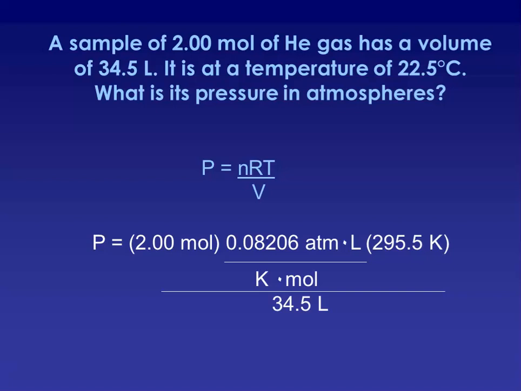Our temperatures, no matter which gas law we're working with, have to be in Kelvin. So after we add 273 to 22.5, you get 295.5, and that again works out with your constant R. And your volume in your constant is in liters, so we need to divide all 3 of those quantities by 34.5 liters. The moles, the liters, and the kelvins go away, and when we do our math through and account for sig figs, we get a pressure in atmospheres because that constant was in atmospheres, and that's what we wanted to find. If we had wanted to have a pressure in another unit, we would have had to do a conversion to get there.